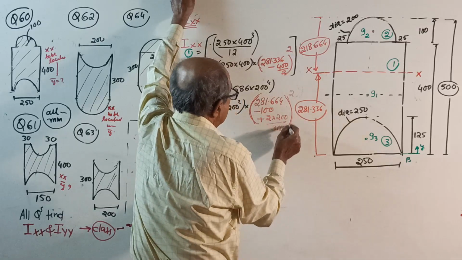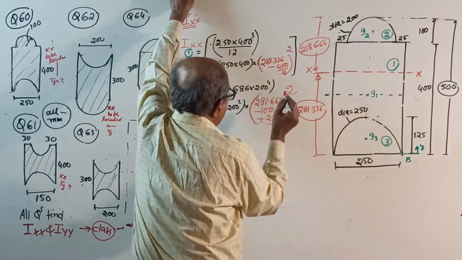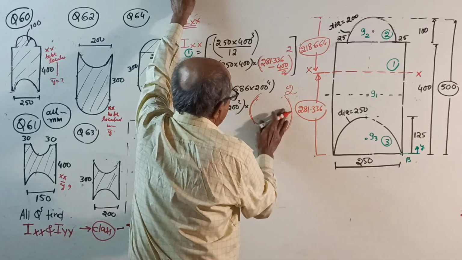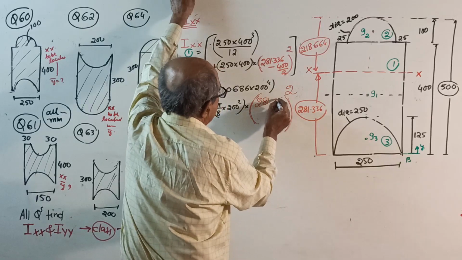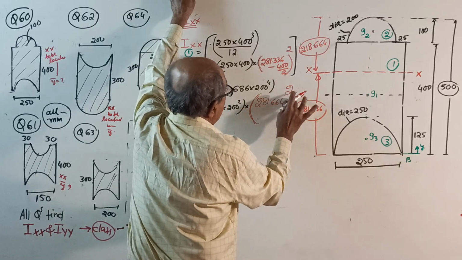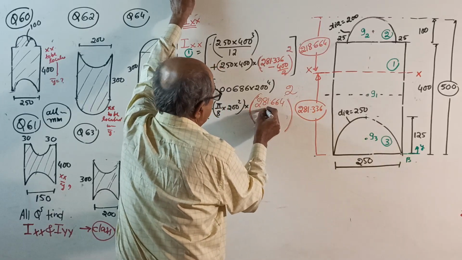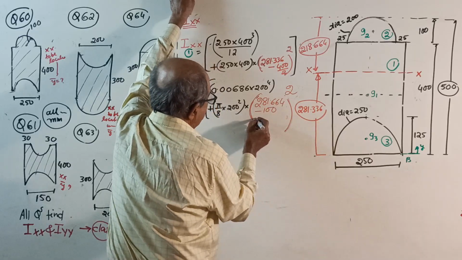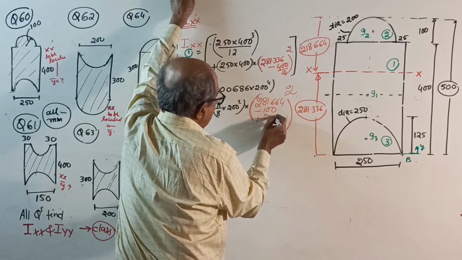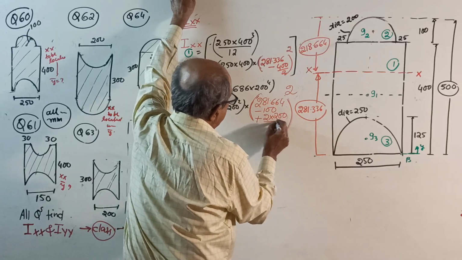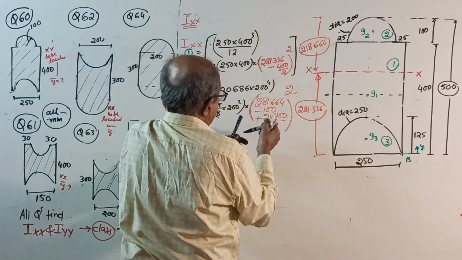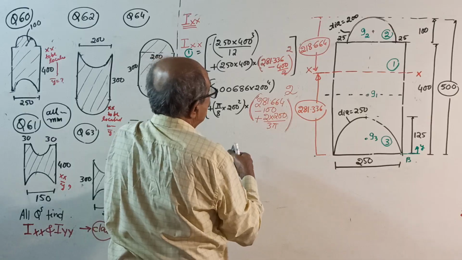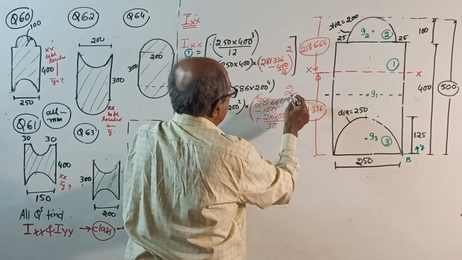Okay, see, I write once again. 281.664 minus 100. Hope it is clear. Plus 2 into 200 divided by 3 pi, whole square. Close the bracket. Close the full bracket.